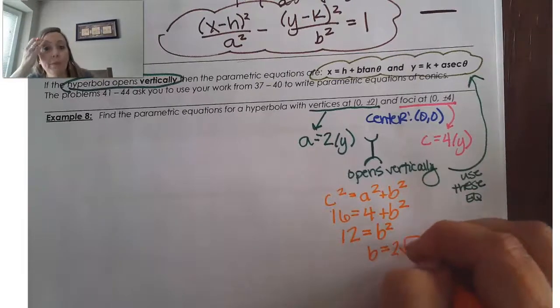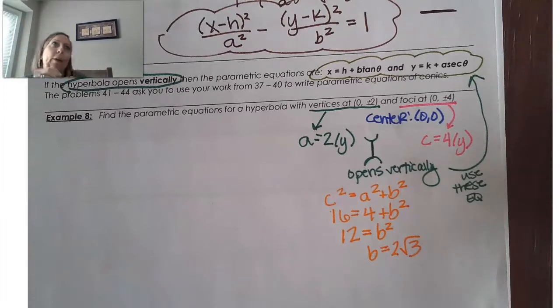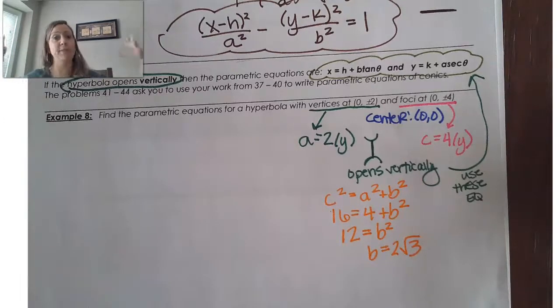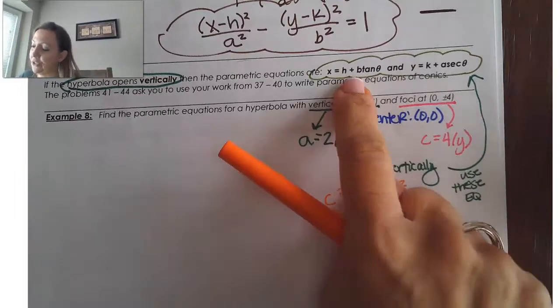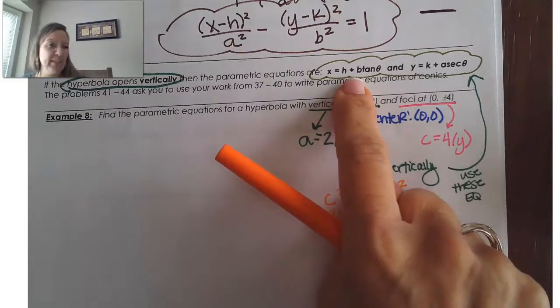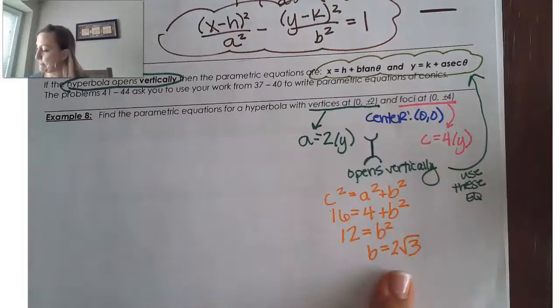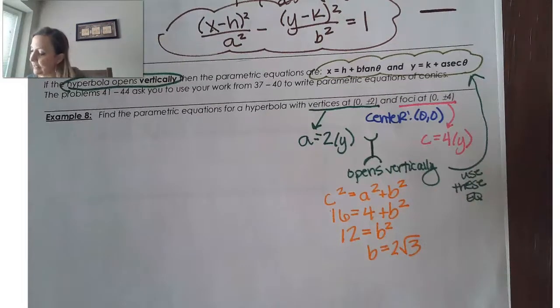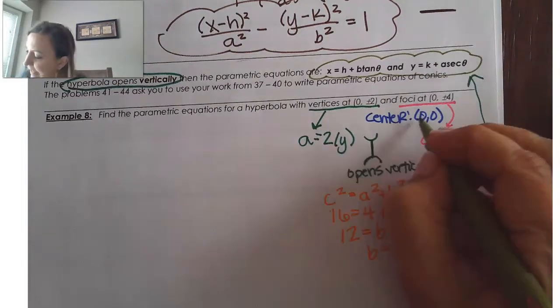Now, usually when we were solving for b squared and the other pieces, we left it as b squared, but notice that in these parametric equations b is just b, so we did have to take the square root in that case.